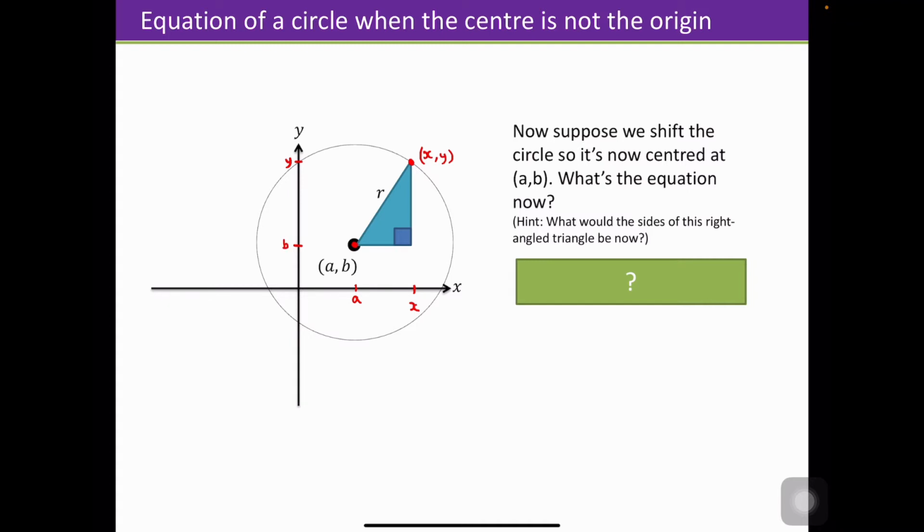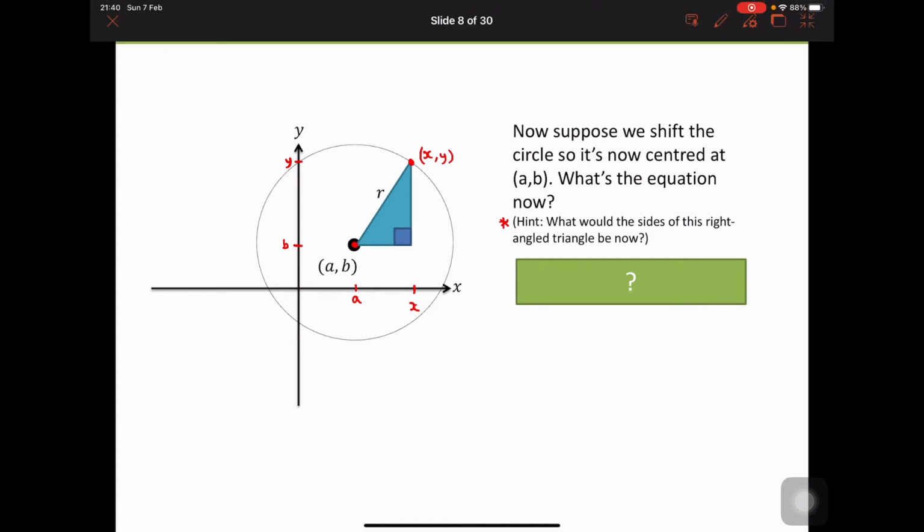As it says here, what would the sides of this right angle triangle be now? The height would be y take away b, and the base will be x take away a.